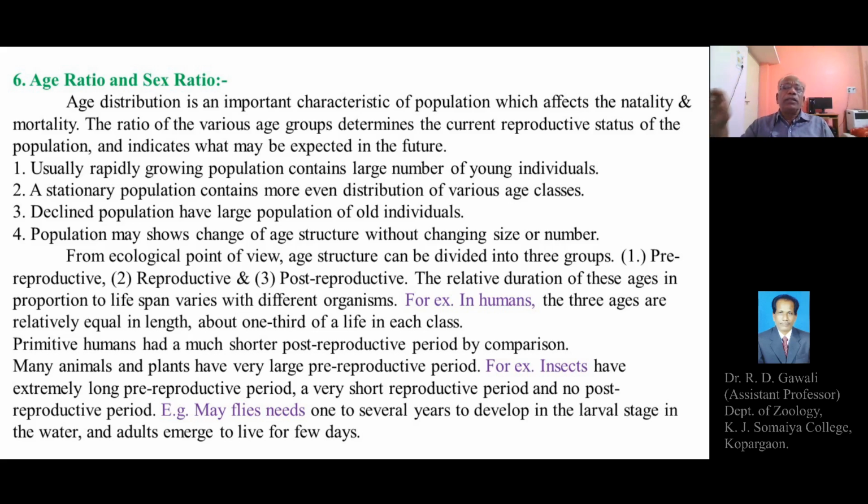Ultimately, in such a population, the mortality rate is higher due to the large number of old individuals present, which shows the decline or decrease in the number of individuals in the population.